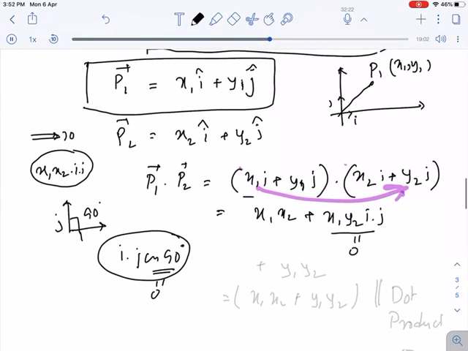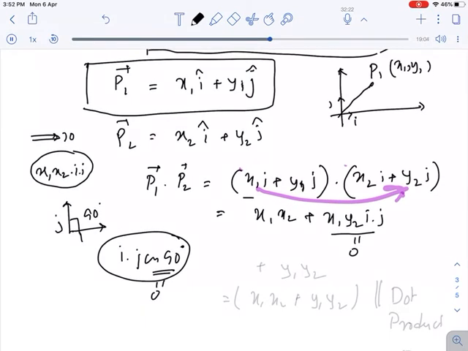So I will get x1 x2, and this other term also becomes 0 because of j dot i. So what remains? x1 x2 plus y1 y2. So the result is x1 x2 plus y1 y2.